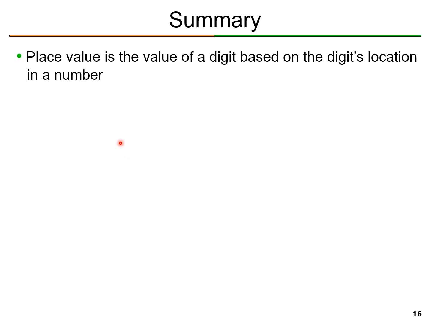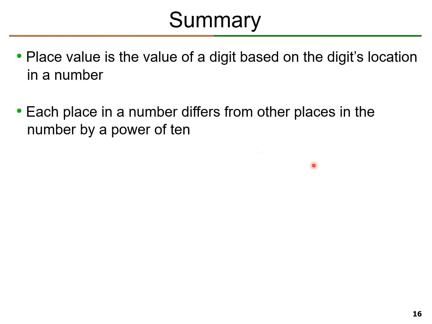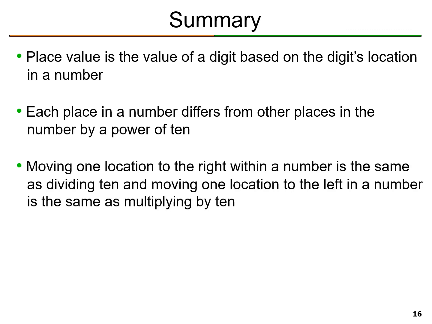Now, summary. Place value is the value of a digit based on the digit's location in a number. Each place in a number differs from other places in the number by a power of 10. Moving one location to the right within a number is the same as dividing by 10.